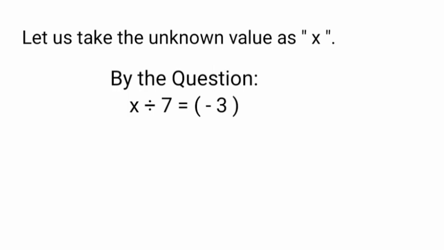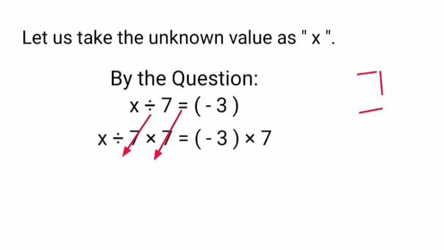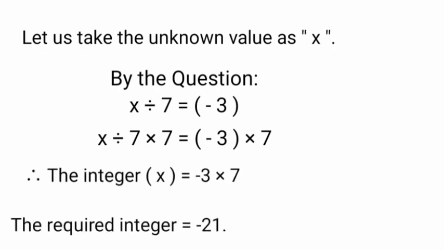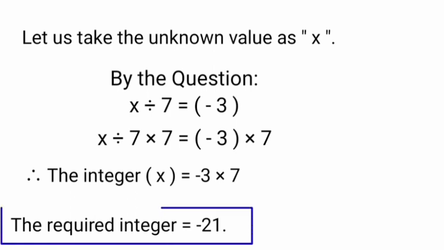To cancel 7 on the left side, multiply by 7 on both sides. 7 is cancelled as 7 divided by 7 is equal to 1. Therefore, the integer x is equal to minus 3 into 7, which is equal to minus 21. Hence, minus 21 is the required integer.